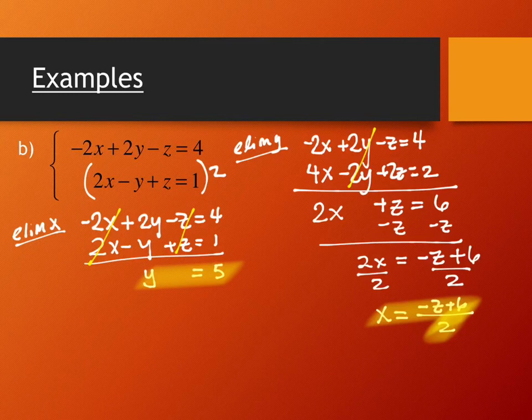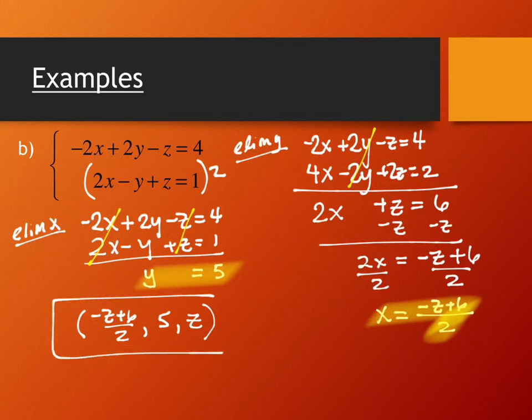So, on this one, my ordered triple is negative z plus 6 over 2, 5. That's weird, but that's okay. That's what it is. And z. This is my general form. But it happens to have one of them that's always 5.